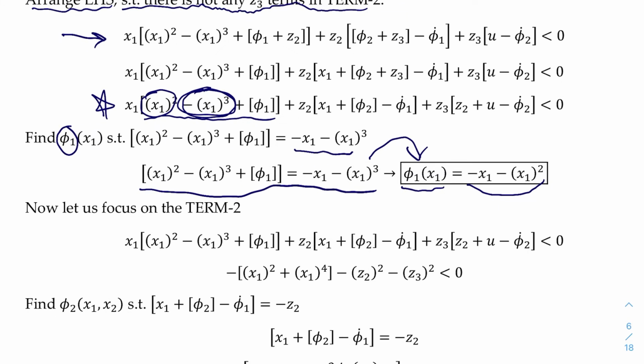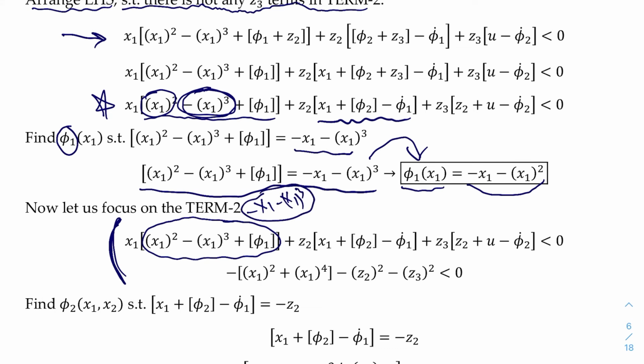Now let us focus on term 2. This is our original problem, right? Here we just equated a type of minus x1, minus x1 cube, right?